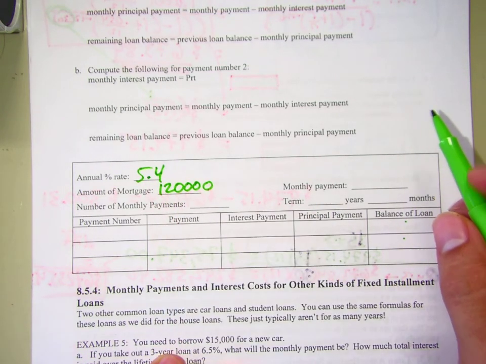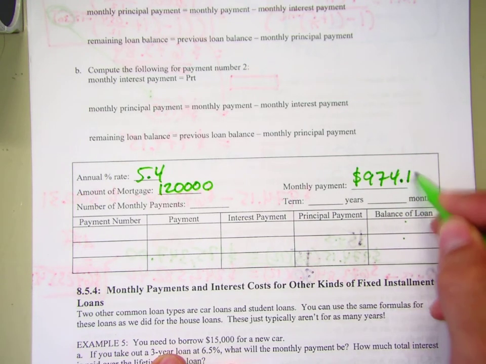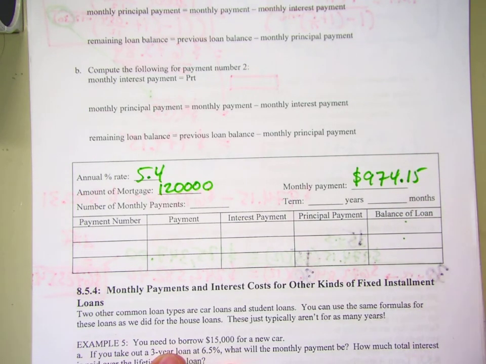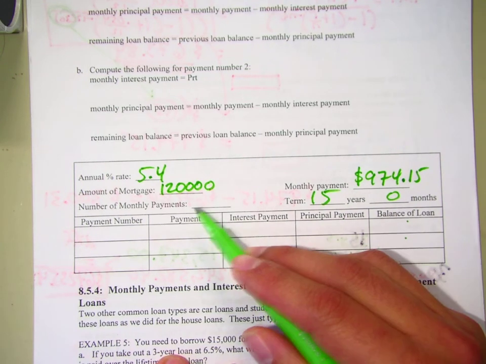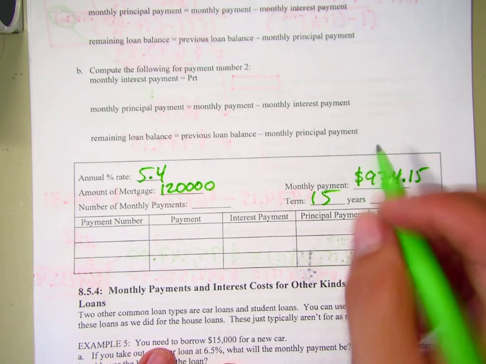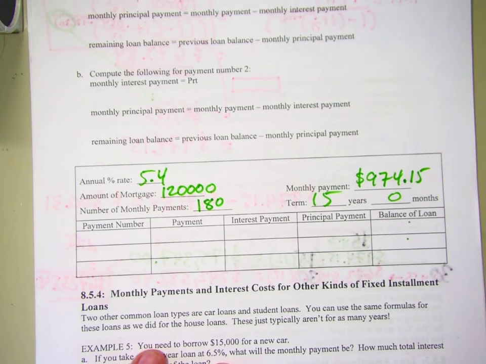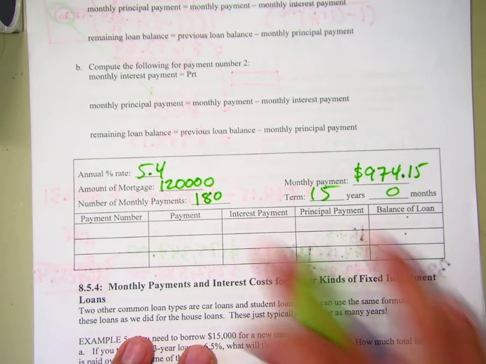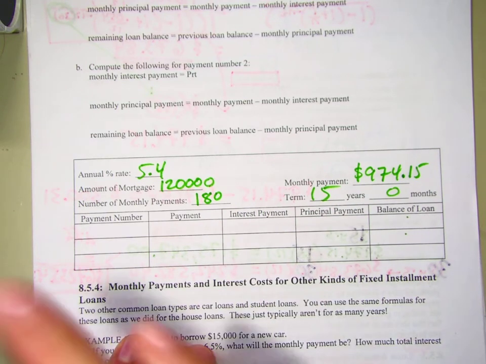We said the monthly payment was $974.15. And this is for 15 years and 0 months. So the number of monthly payments should be 12 times 15, which is 180. So 180 total payments. What we're going to do is just do a little snapshot at the beginning of the loan, what it looks like, where your money's going, and what happens to the balance.